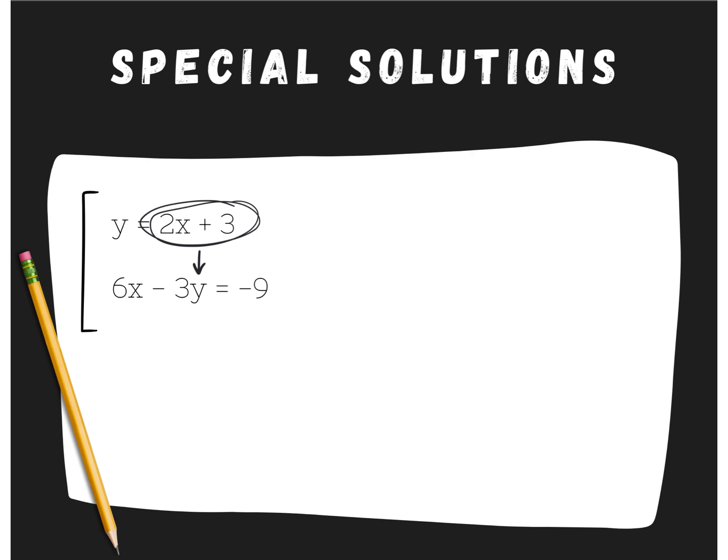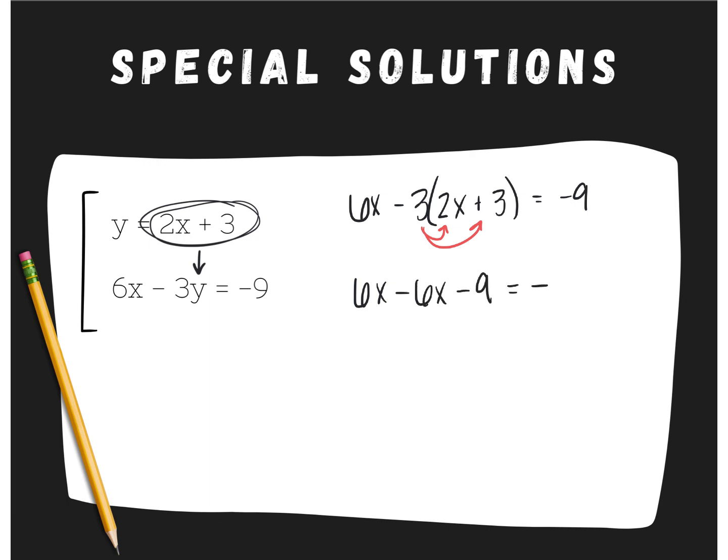Continuing with this example, I now have 6x minus 3, and then again, be careful that you're using parentheses because when you substitute something in, you need to make sure that the entire thing is, in this case, being multiplied by that 3 when we distribute. So I used my parentheses, it's equal to negative 9. Let's go ahead and distribute, and remember that what I'm distributing is a negative 3, so I'll get negative 6x and I'll get negative 9 or minus 9.